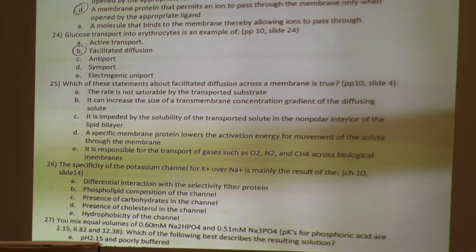Have you guys had time to read through? I heard a D somewhere. It is D. A specific membrane protein lowers the activation energy for movement of solute through the membrane.